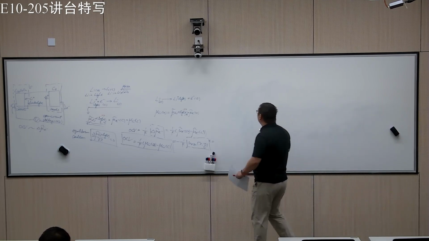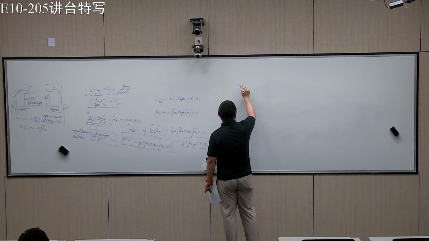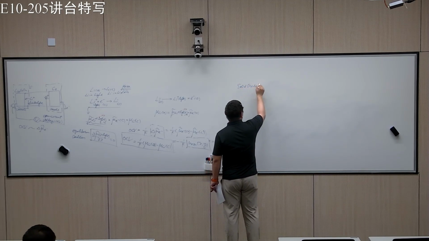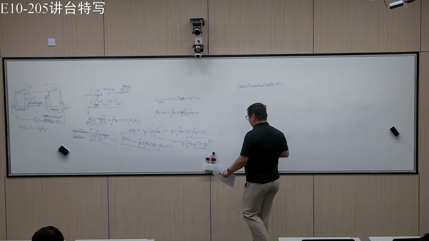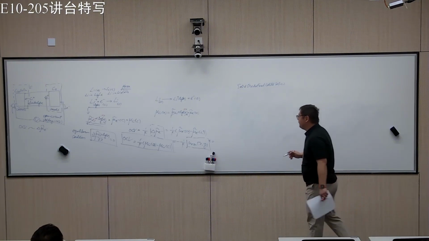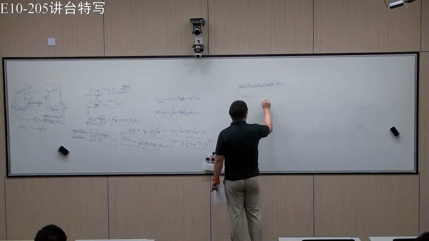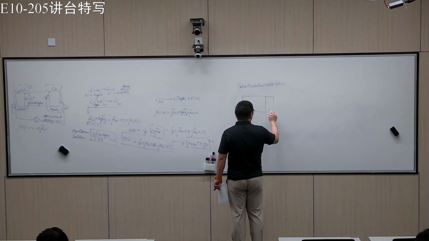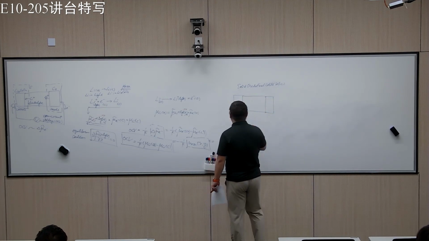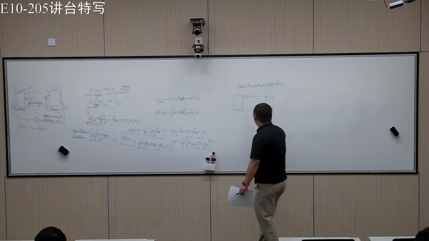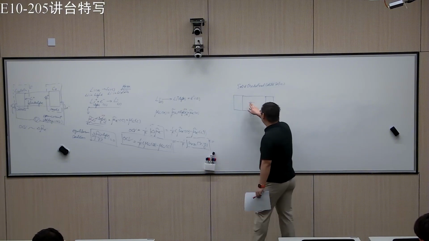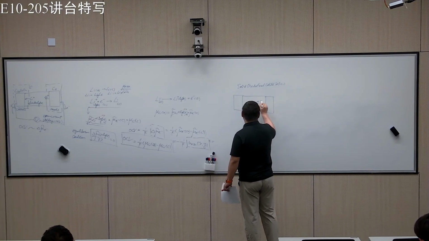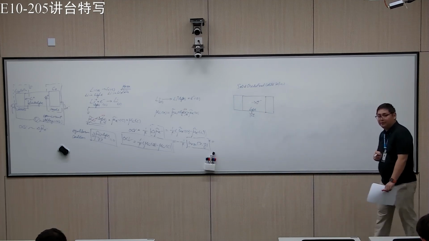So another example is the solid oxide fuel cell, or SOFC. Basically it has a similar structure. Since it's also an electrochemical energy conversion system, we have, again, an electrolyte, which is usually some kind of ceramic, for example YSZ, which can conduct oxygen ions at high temperature.